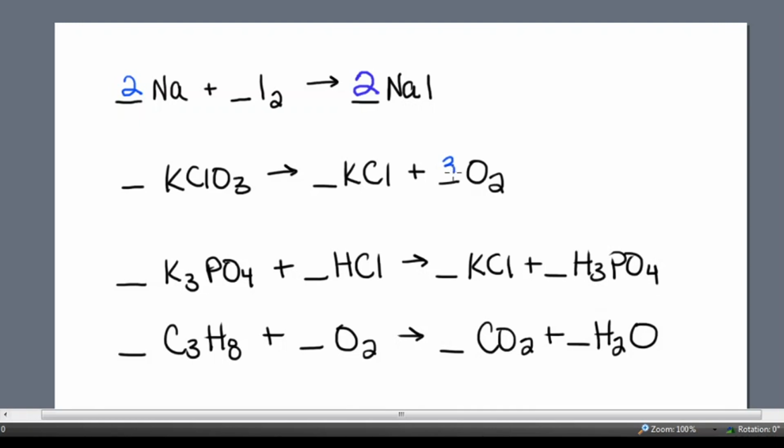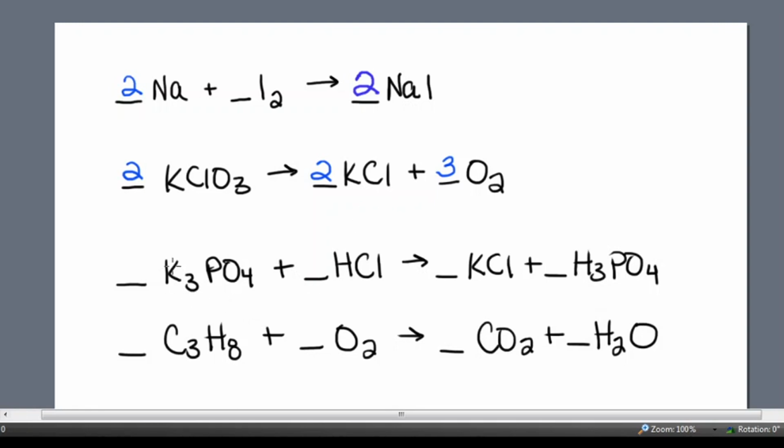So I got to get to 6. So I'm going to need a 3 there and a 2 there to get my oxygens equal to 6. And by putting that 2 out in front of my potassium chlorate, now I need a 2 out in front of my potassium chloride in order to balance the potassiums and the chlorines.